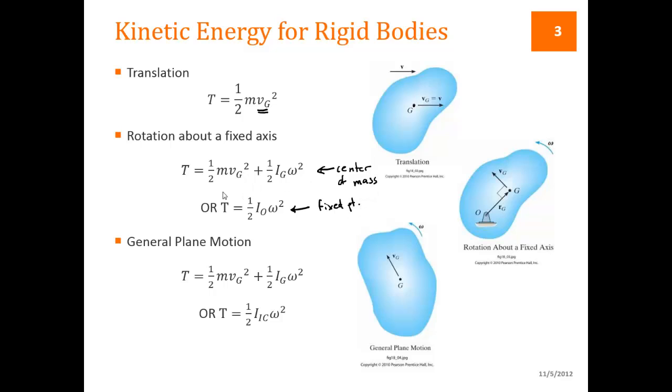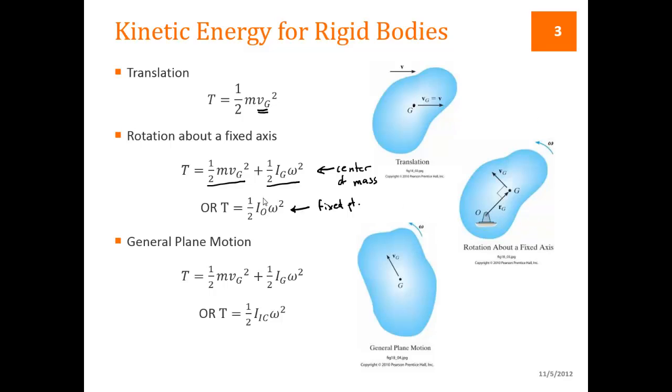So for the center of mass, we have a translation part of the kinetic energy because the center of mass is translating, even though point O is fixed. And we have a rotation part of the kinetic energy, which is 1/2 Ig omega squared, since there's energy because it's spinning.